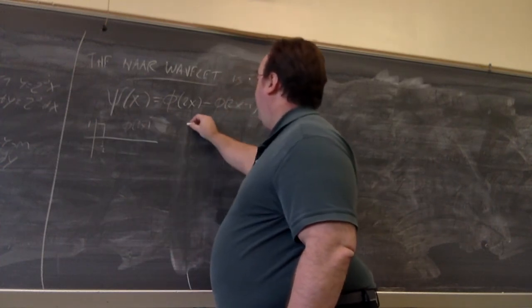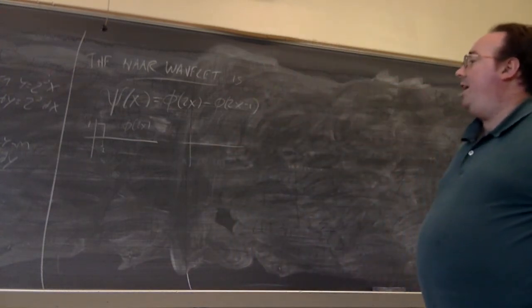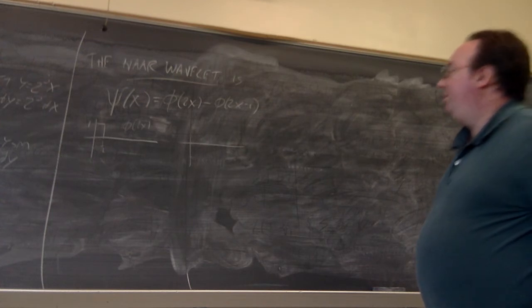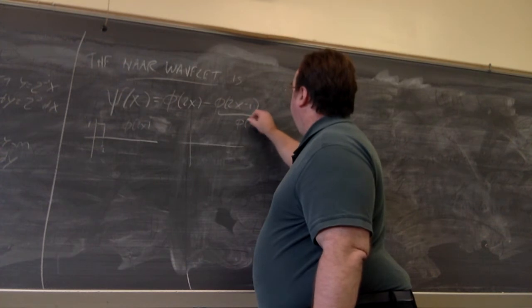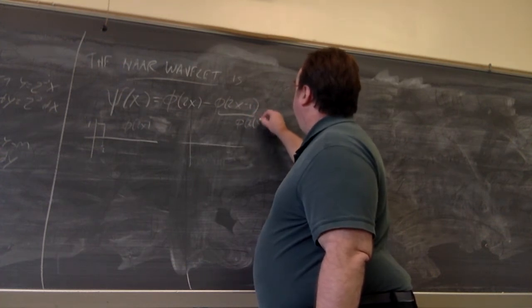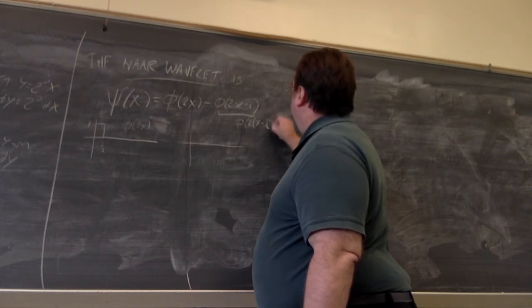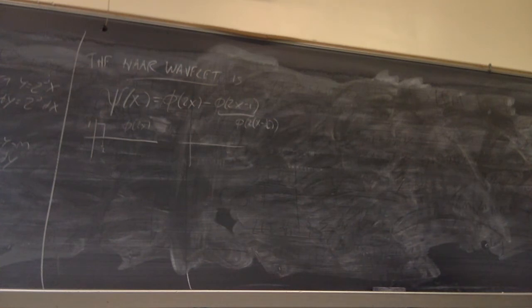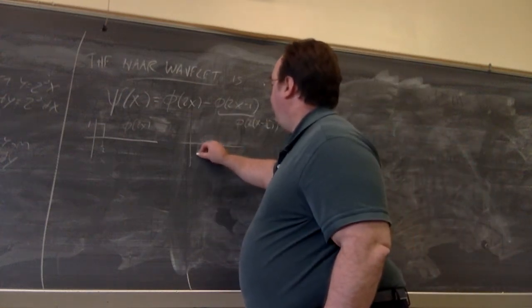Now, phi of 2x minus 1, if I were to rewrite this as phi of 2 times x minus 1 half, then, yes, it's a translation of phi of 2x by half a unit to the right. And it's negated, so it just looks like this.